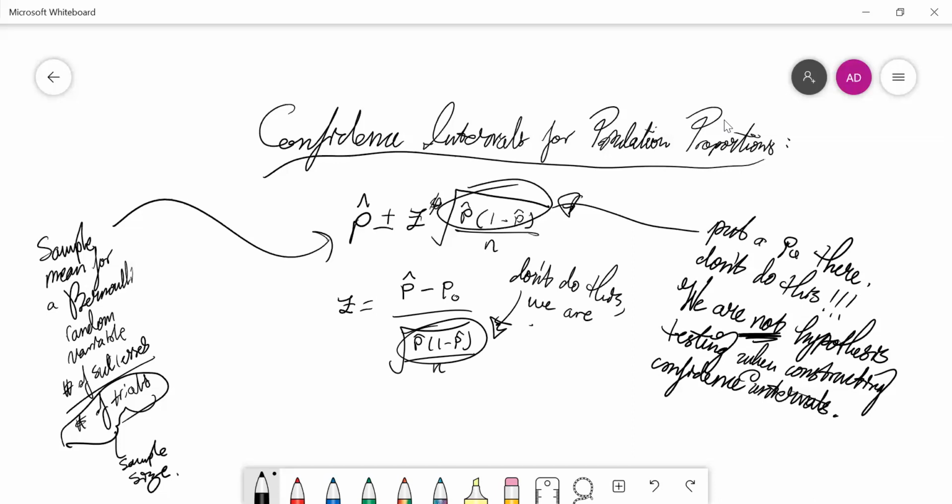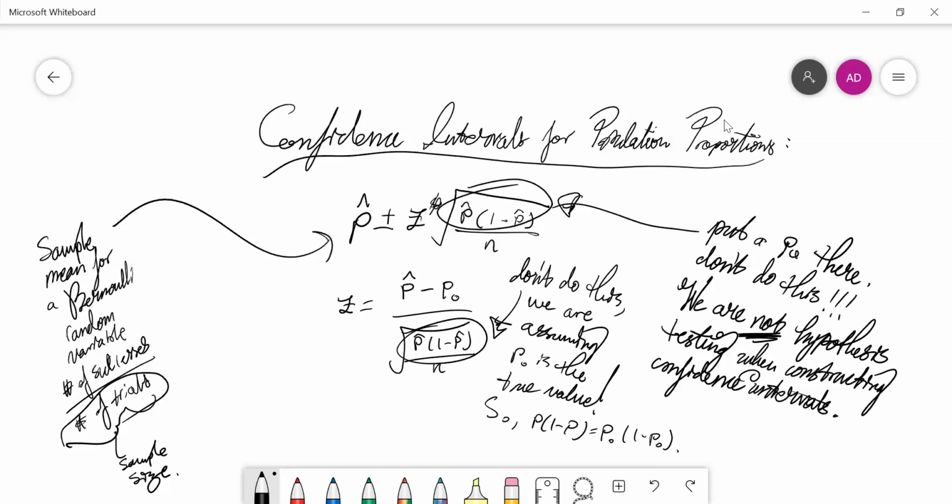We are assuming p naught is the true value. So p times 1 minus p is equal to p naught times 1 minus p naught. These are the two mistakes that students really want to make when we're doing population proportions, even though computationally it's going to follow the same way as all the other confidence intervals and hypothesis tests.